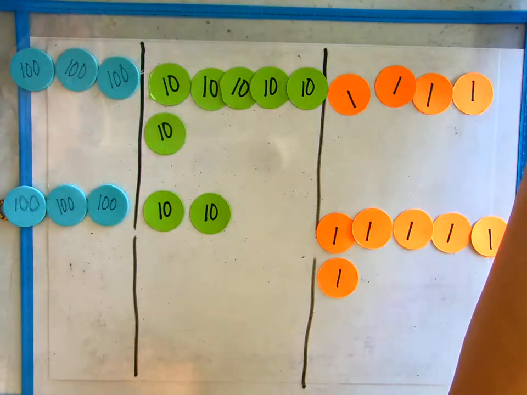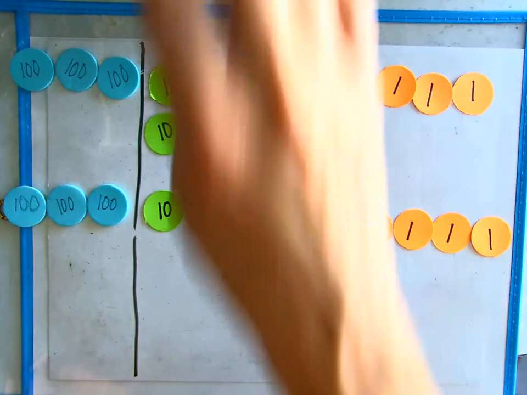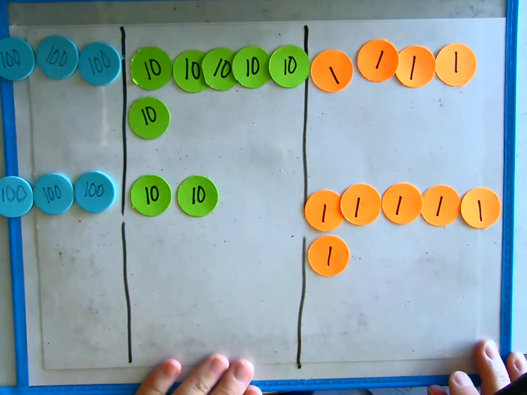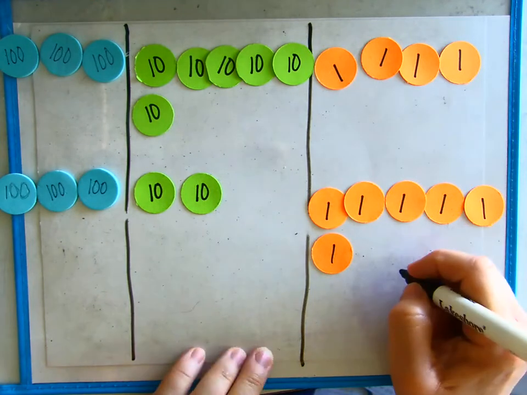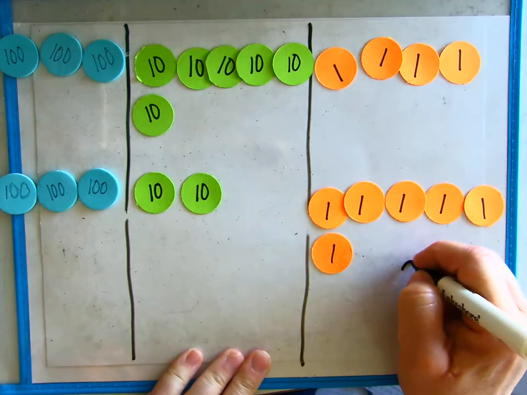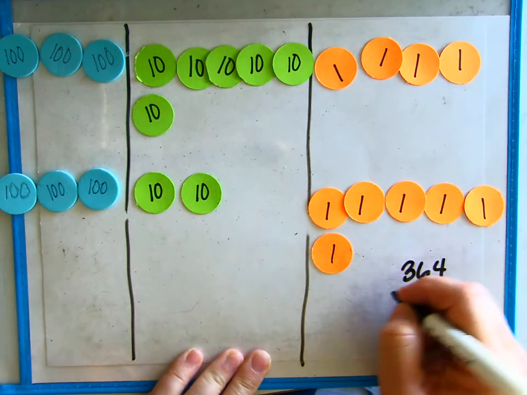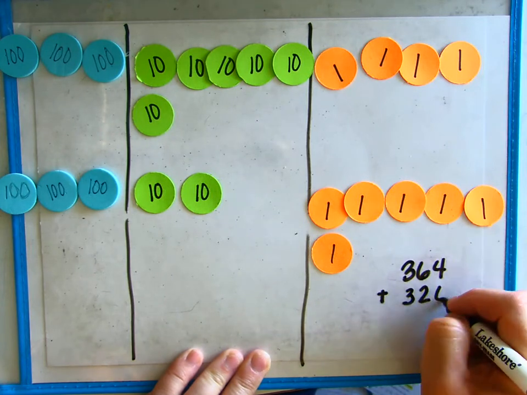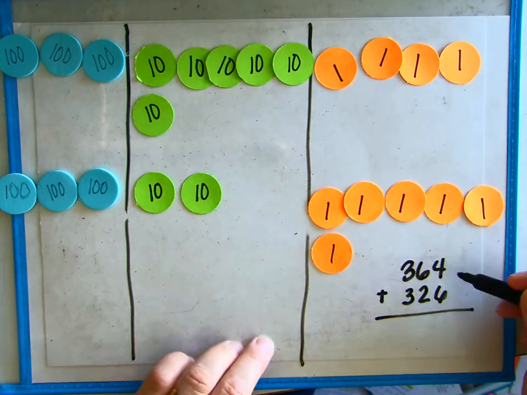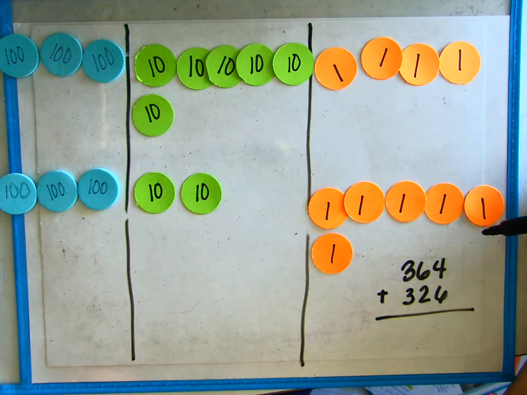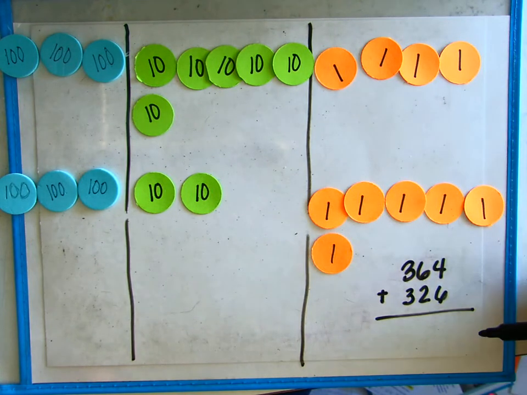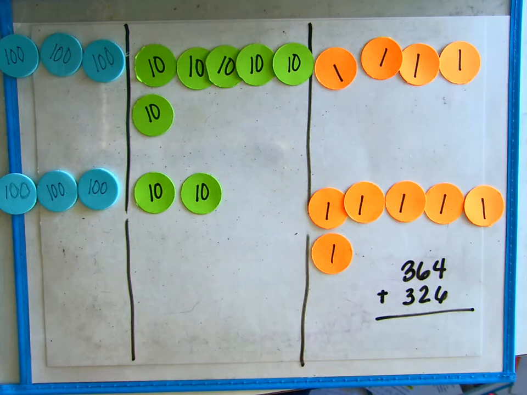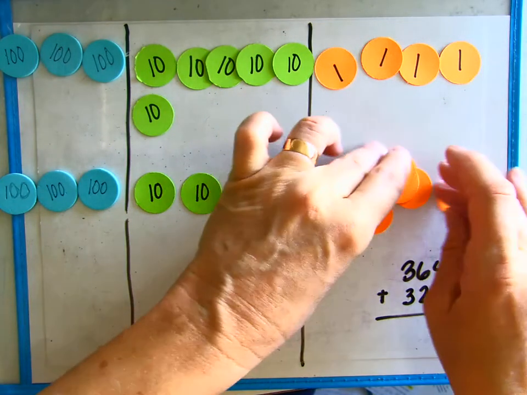Actually, you should write it vertically in your book. I'm just gonna do it here on my whiteboard so I'm not going back and forth. 364 plus 326. We're gonna start with 4 plus 6. That's one of those friends of 10. 4 plus 6, I can make a group of 10 ones.